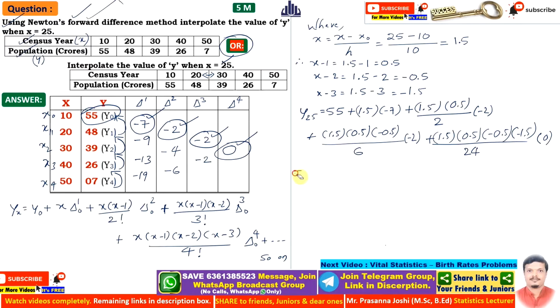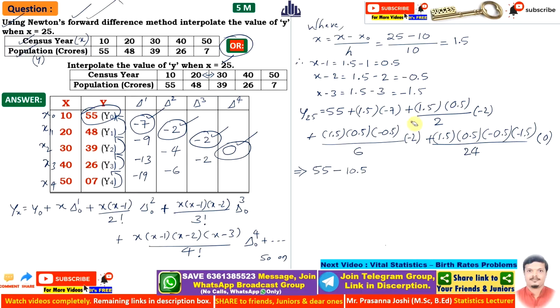So next it becomes, that implies 55 as it is, plus into minus, that becomes minus 1.5 into 7, that is 10.5.